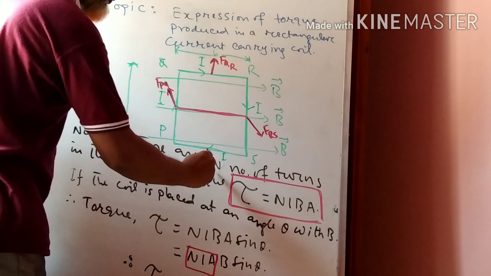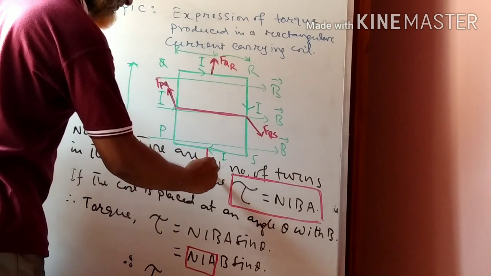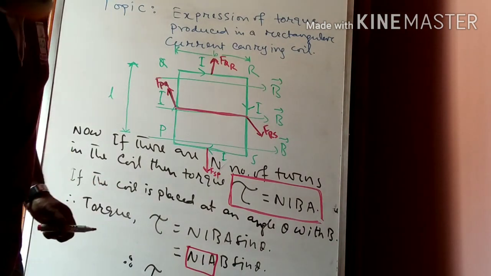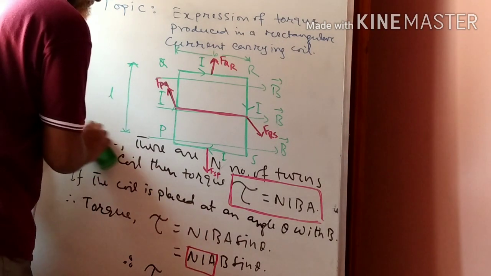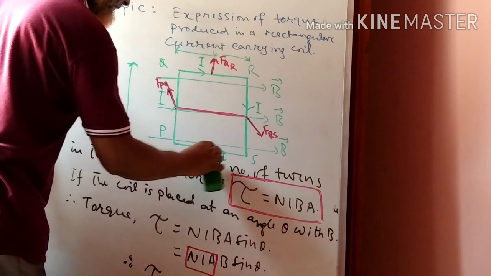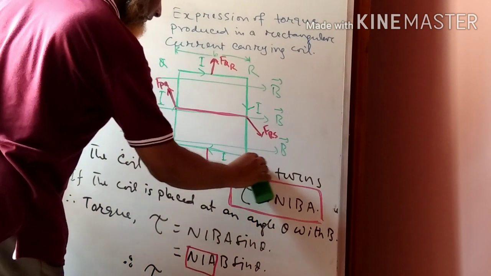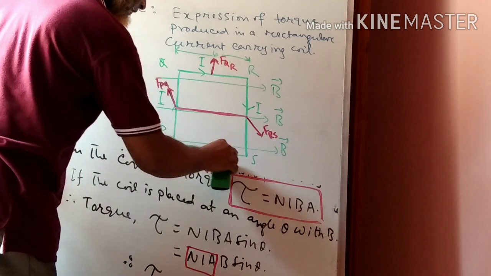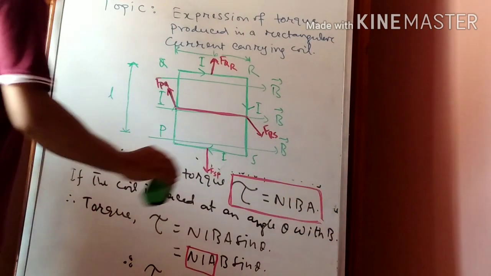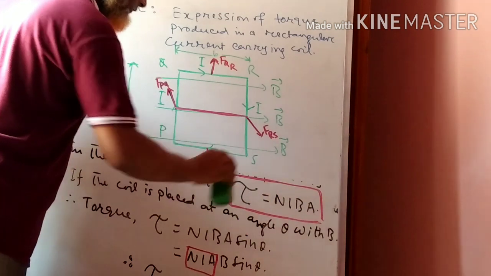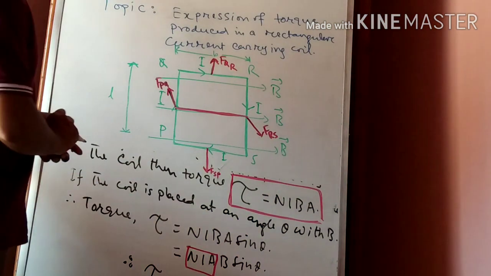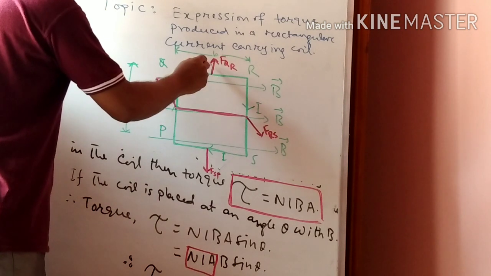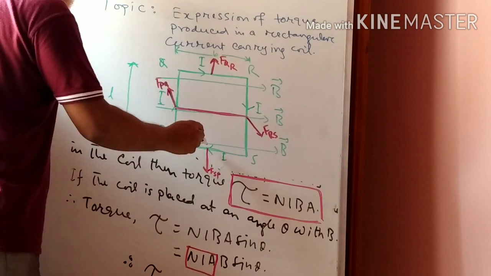So this one is the force FSP. So I tell you, these are the four forces acting on the rectangular coil: FPQ, FRS, FQR, and FSP.